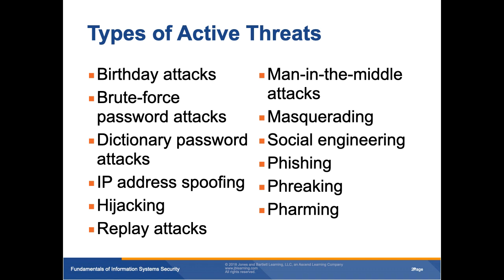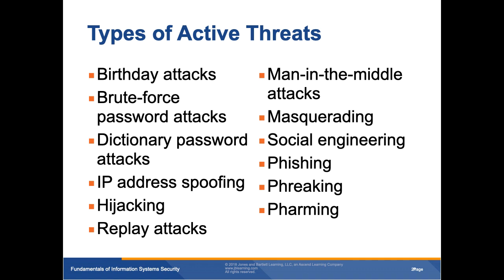Phreaking, it's an older term. The book still loves to hang on to these telephone days, but it's hacking into telecommunication systems, especially to obtain free calls. That was phreaking.